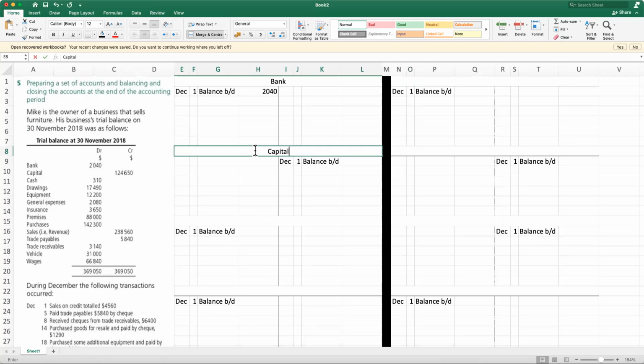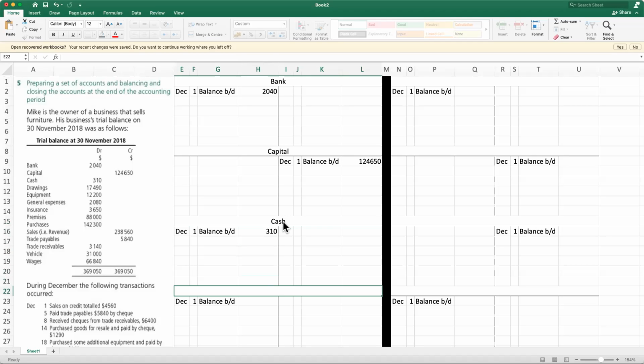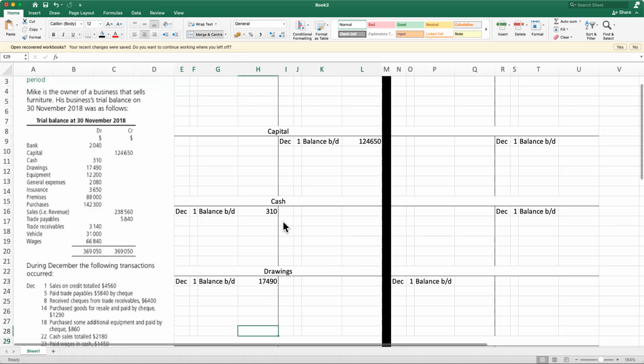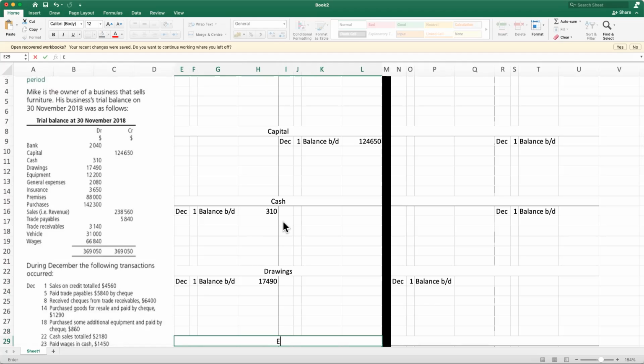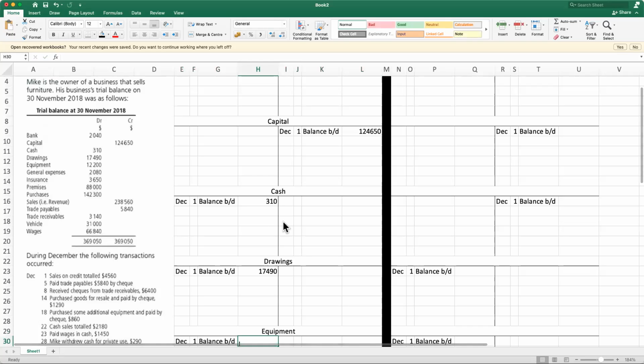So this is our capital. So capital account, we have 124,650. Then about cash account. Cash account will be 310. Bank account 17,490. Drawings 12,200.